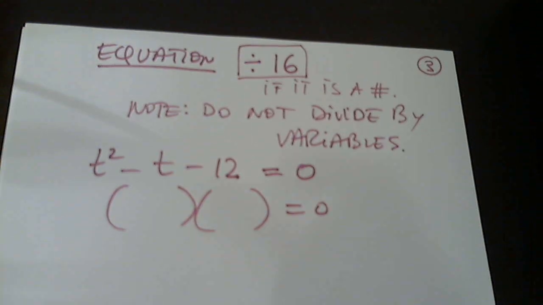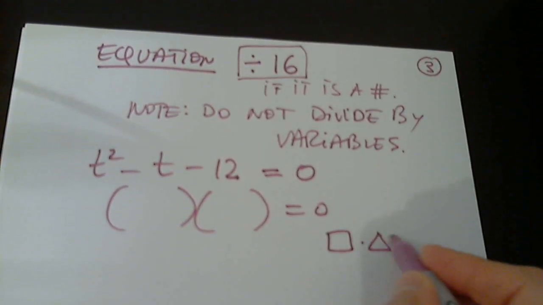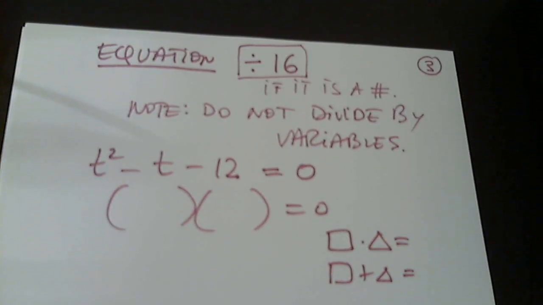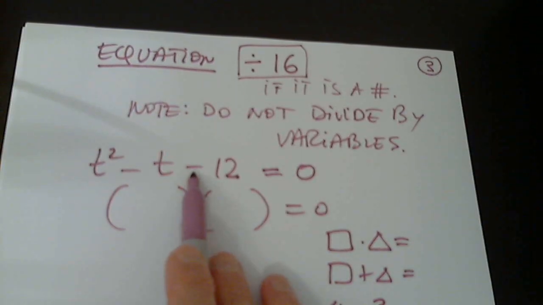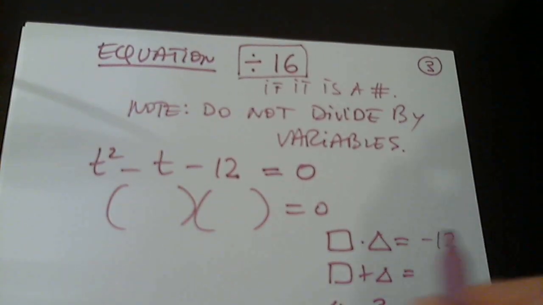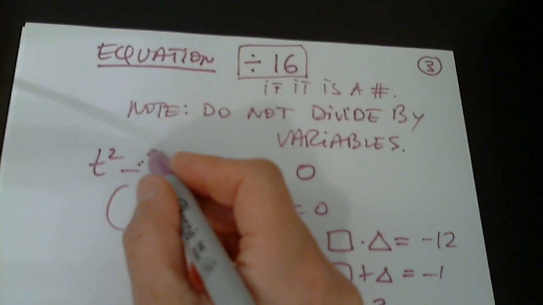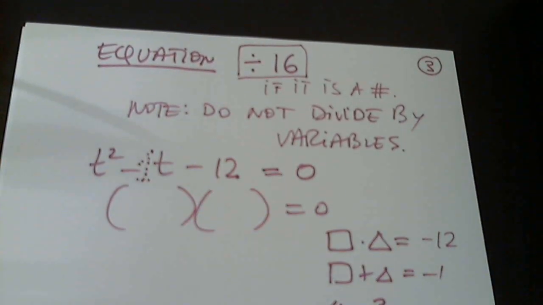We are looking for two numbers whose product is and whose sum is. -4, +3. Yes, so it will be -4, +3 because the product is -12 and the sum is -1. There is a hidden -1 in here. -4 times 3? Yes. -4 plus 3? Yes. Both conditions have to be fulfilled.